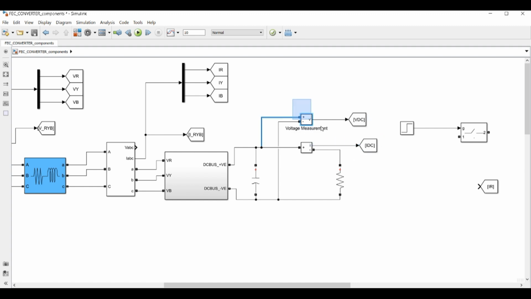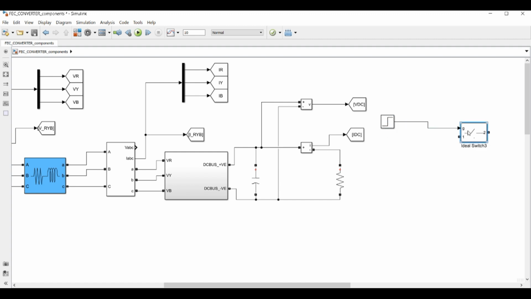Okay. This is not required, we have already used it. And this block may or may not be required. It is optional actually. So I will put another resistance over here.